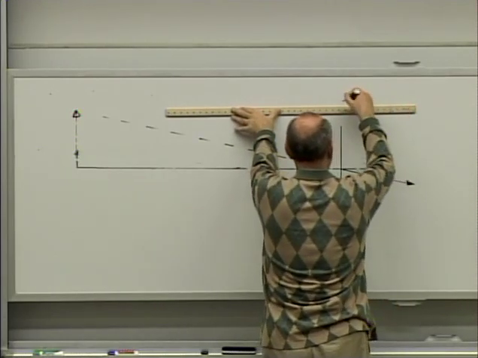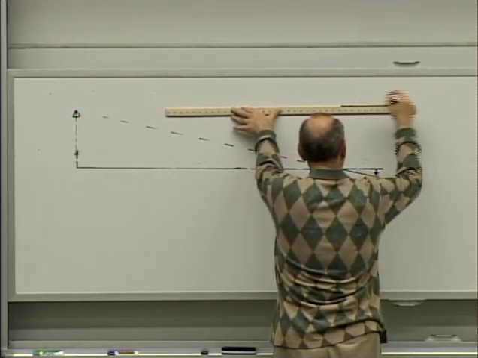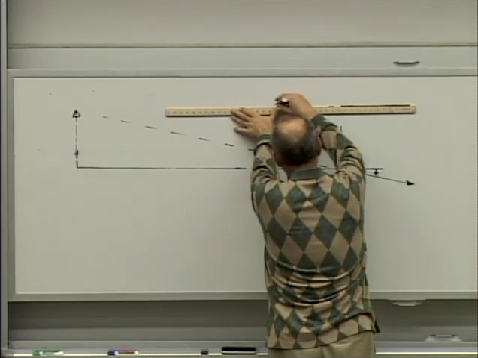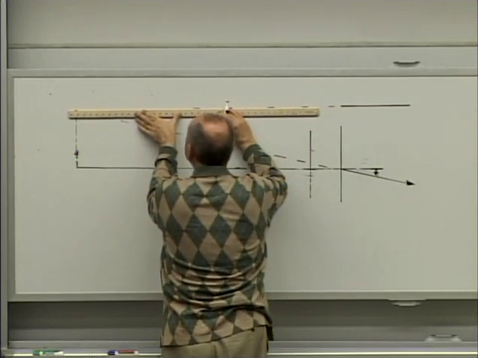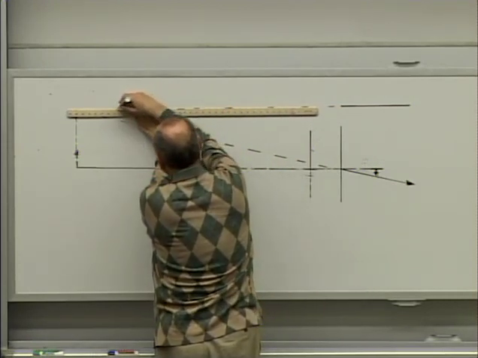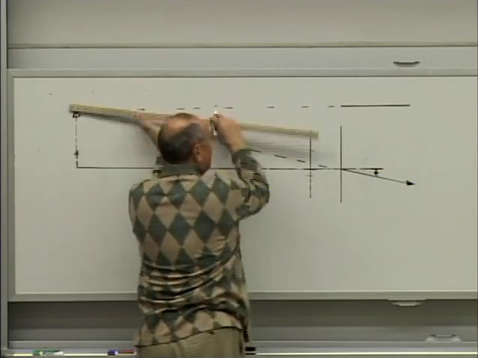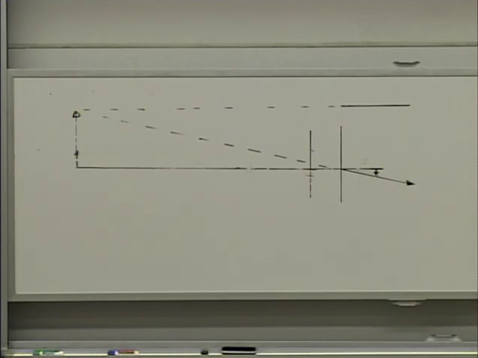So after the refraction, I should draw a continuous line, and over here its extension. All right, so here I have the image parallel ray.